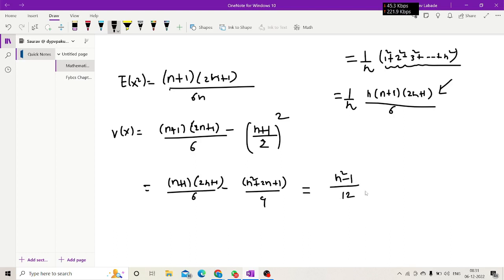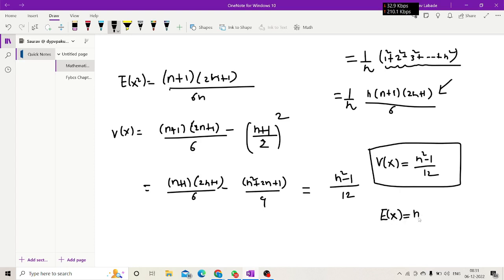So that is my variance of x, the variance of uniform distribution. Most important, just remember the mean of uniform distribution is n plus 1 by 2 and the variance is n square minus 1 by 12.